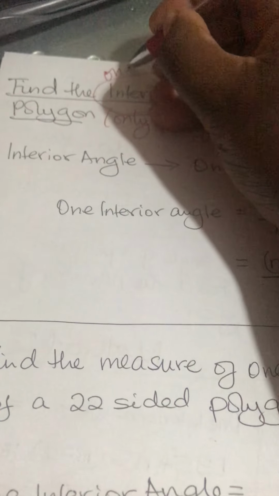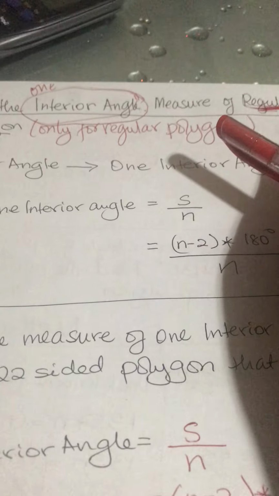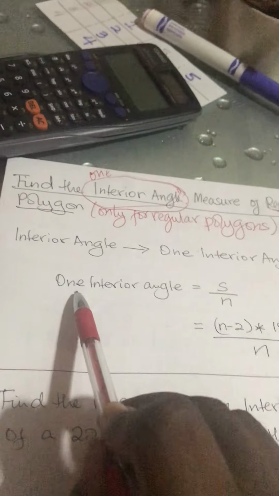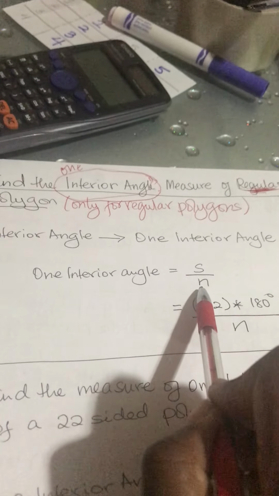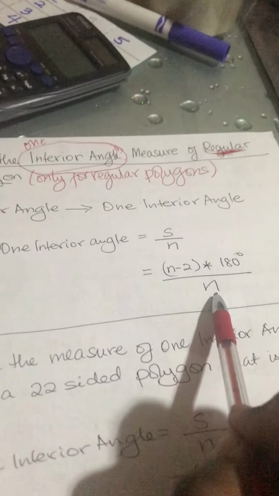So 1 angle. This is what you should look for in the question. If you see 1 interior angle and you see the word regular, then you will do this. So, for 1 interior angle, the formula is S divided by N. How do you find S? N minus 2 times 180, over N.